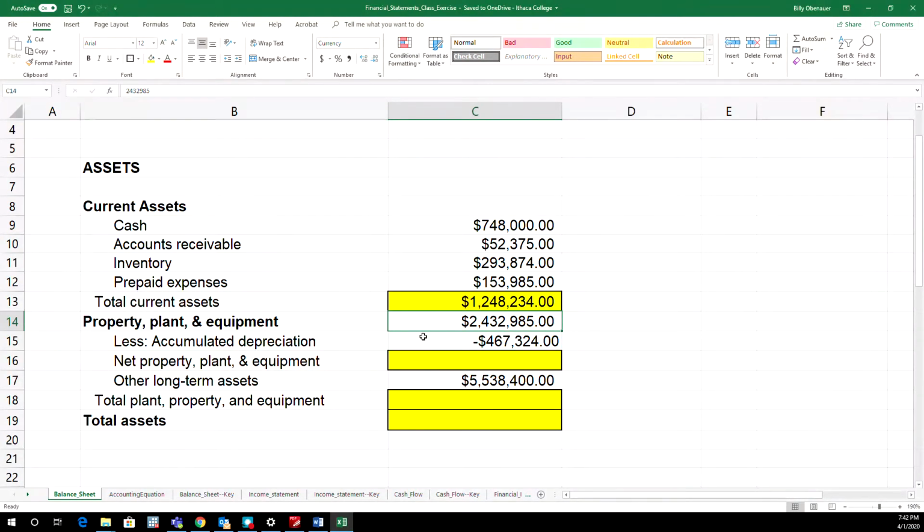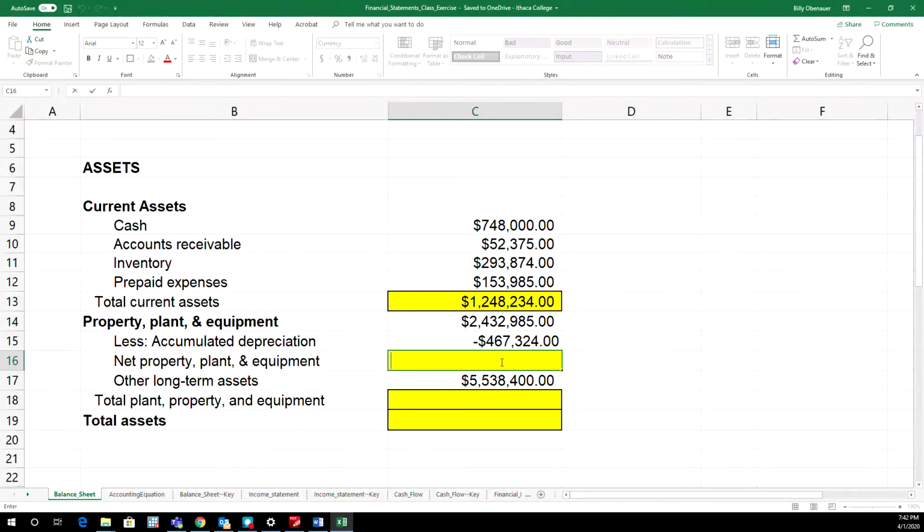That forklift may only be worth $30,000 now because of the wear and tear and the hours on it and things of that nature. So our accumulated depreciation reflects that discount that we take on materials that have lost value over time. To calculate our net property, plant, and equipment, we simply add these two numbers because our accumulated depreciation is negative.